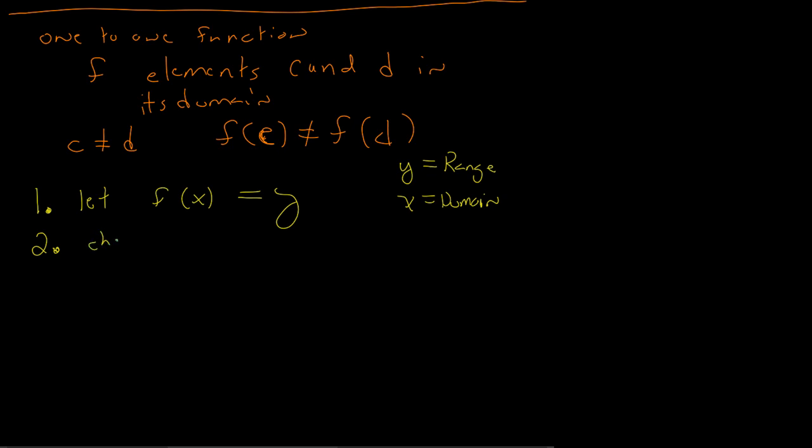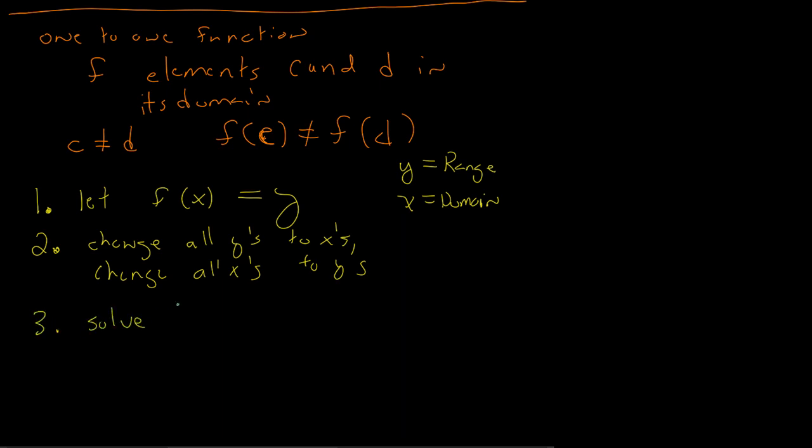We're going to change all y's to x's and change all x's to y's. So we flip the domain and range by doing that. Then solve for y. And then we're going to let y equal the inverse of our function. And so these are the 4 steps we have to do to make an inverse.